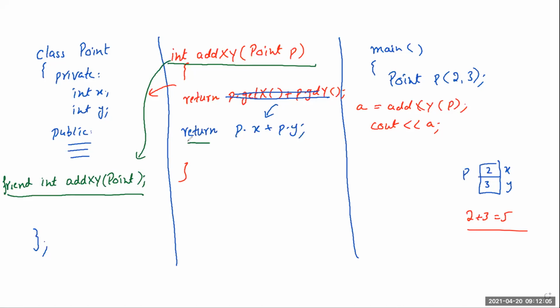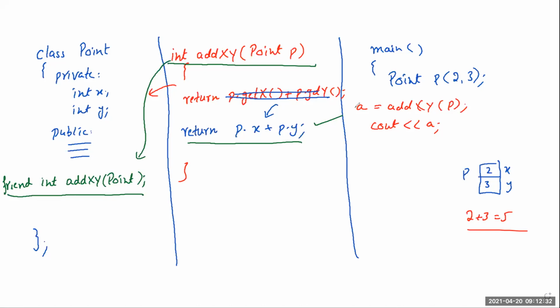So now this will become a legal statement. Since this function is a friend of this class, it can directly access the private data, right? So if you have multiple functions in your program, and you want to make one or two of them a friend of the class, then for each of them you will need to add the prototype of that function within the class and use the keyword friend.